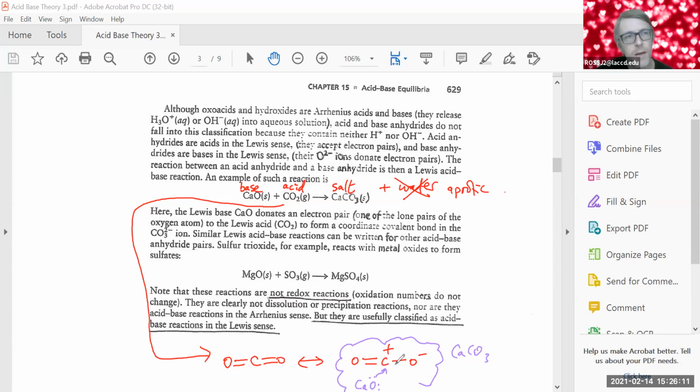Back when we looked at Lewis acids and bases in, I think it was video 1, we saw that although we have electron donating and electron accepting, which kind of sounds like redox, remember, Lewis acid-base theory is not redox because there's no change in oxidation state. So we're reminded here that this is not redox chemistry, although we are exchanging electrons.